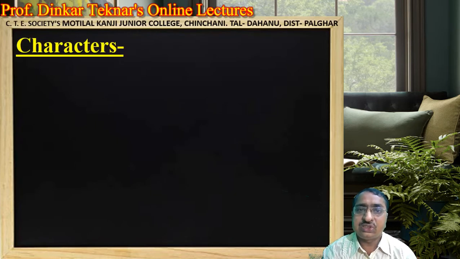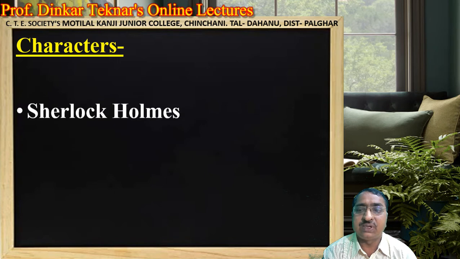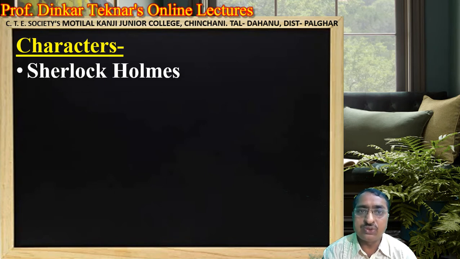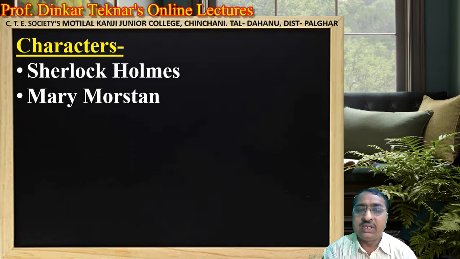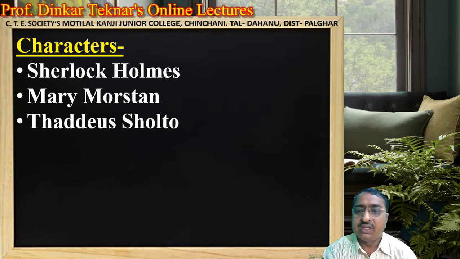Let us see the characters in the novel. Of course, they are major characters. The first one is Sherlock Holmes, the detective. His companion, Mary Morstan, who was the heir of the treasure. Then Thaddeus Sholto, another character.